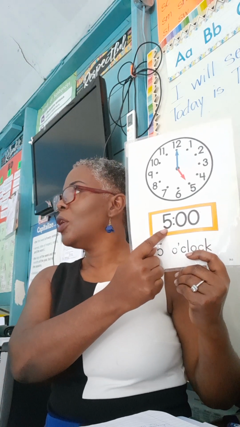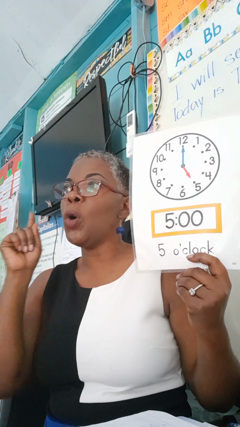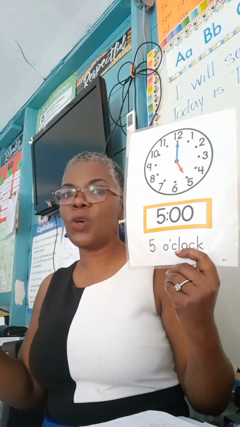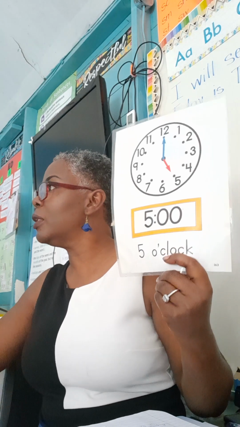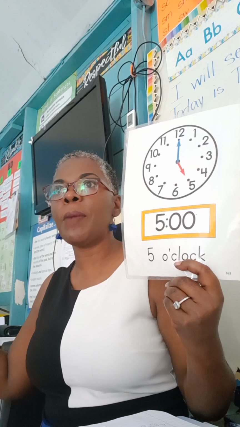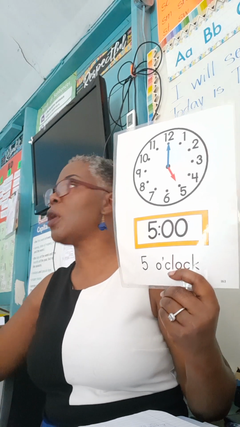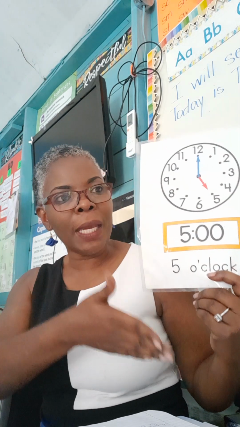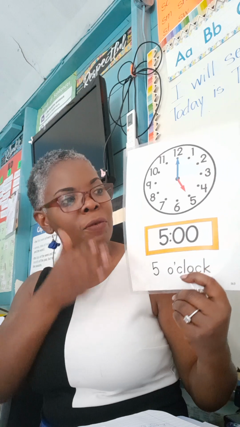The hour. The hour goes on the left. Say the full sentence, you'll remember it. The hour goes on the left. And what will we put on the right? The minute will go on the right.